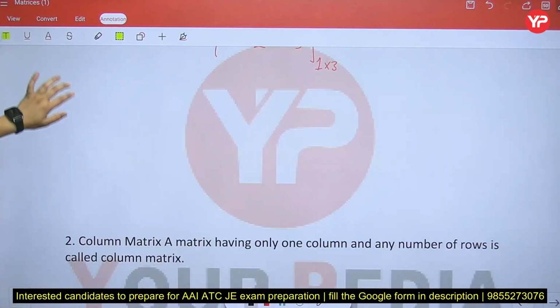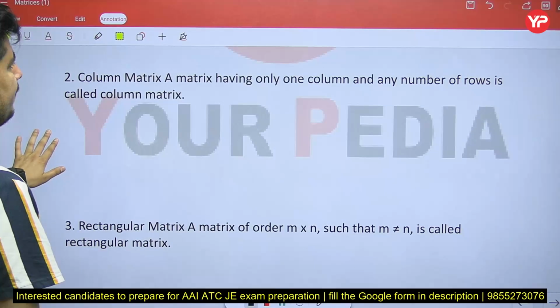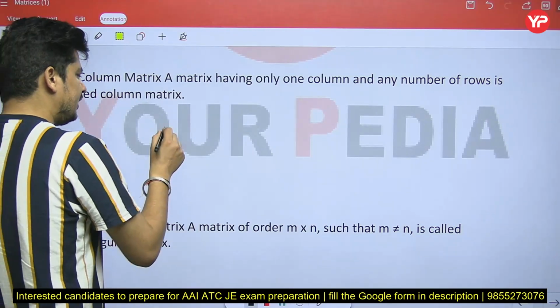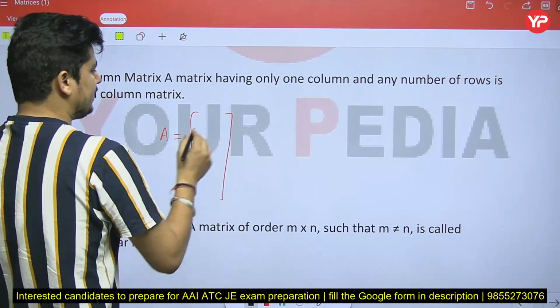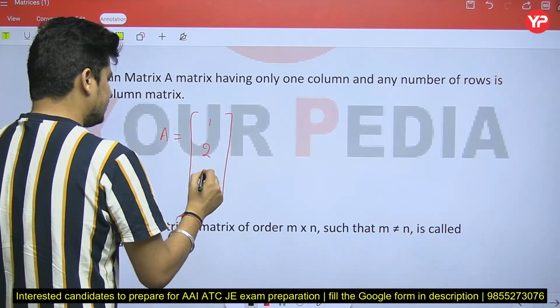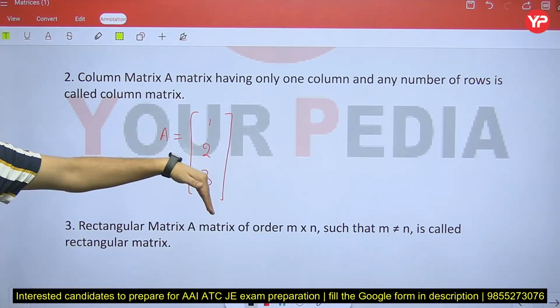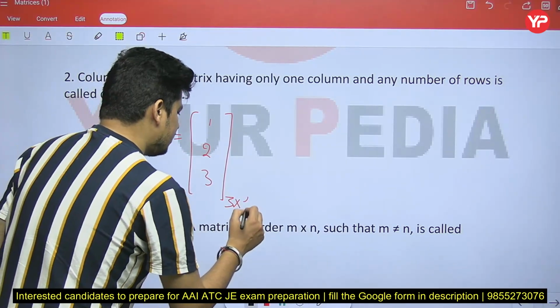Next type of matrix is the column matrix. Inside the column matrix, there is only one column. So if I have a column matrix with the elements 1, 2, 3, what we are seeing is that this matrix has only one column and 3 rows. So we can represent this matrix as 3 cross 1.